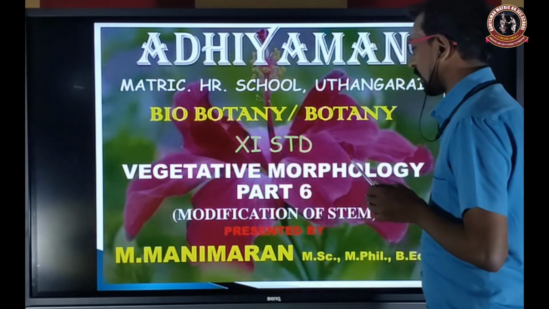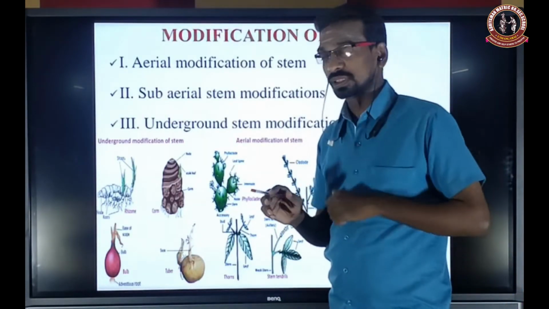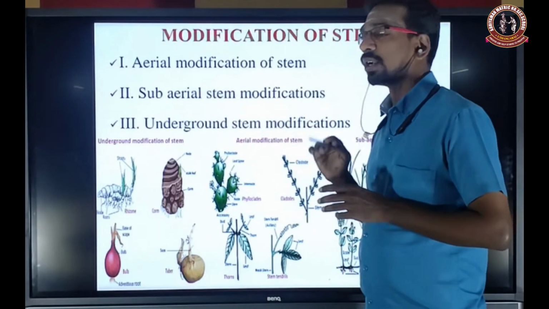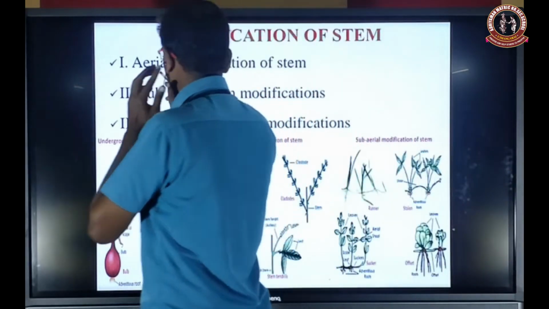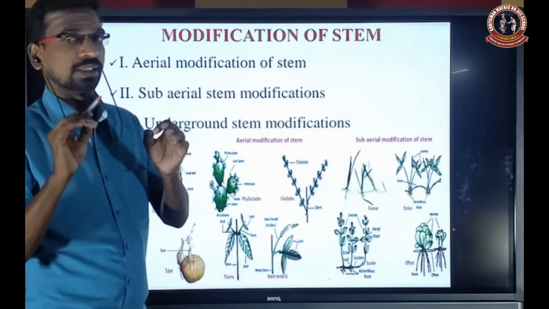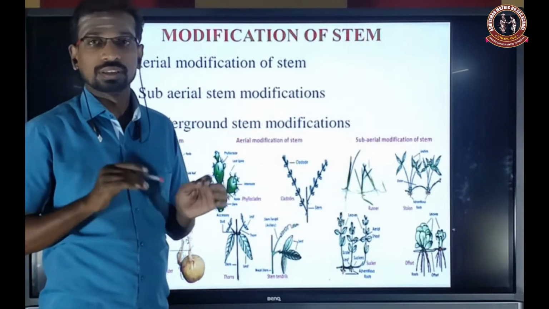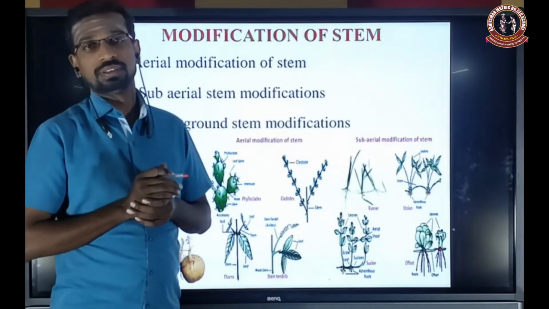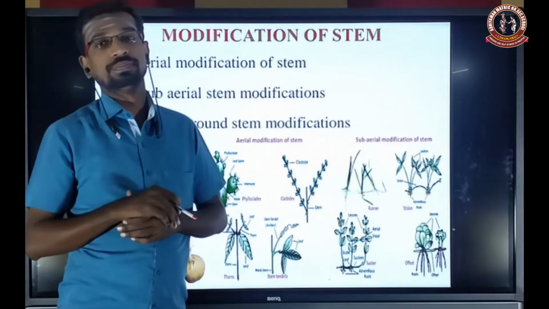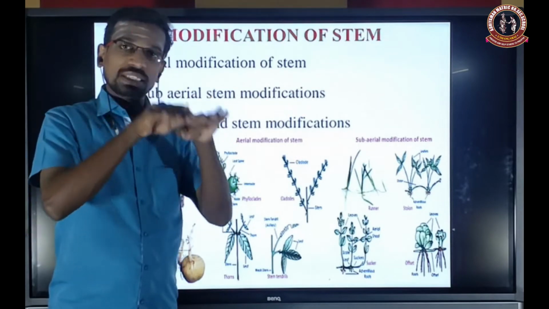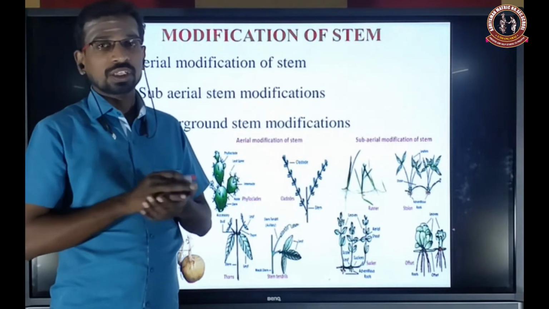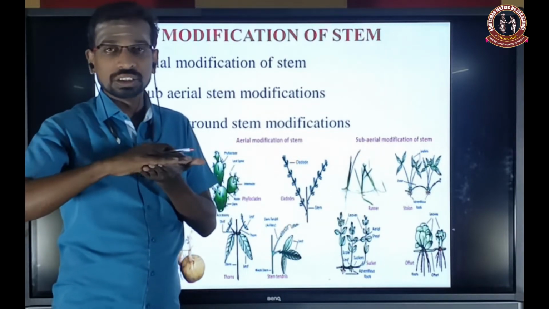Okay, so let's enter into the topic: modification of stem, aerial modification, subaerial modification and underground modification. In both aerial and subaerial, the stems are very weak in nature. They are not able to grow erect. Erect means grow straight. They are present in the aerial layer, that is above the soil level, but because the stem is very weak, it will be present near the soil level.